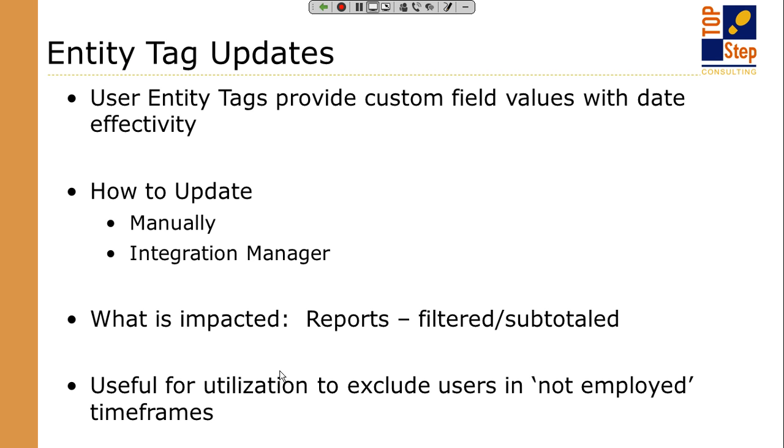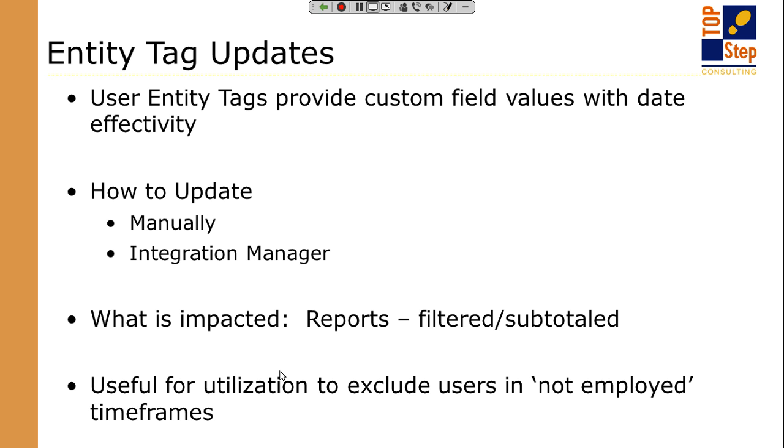So Department A up until 12/31/14, and now I'm in Department B, that's my current value. When I run historical reports, I can say, give me everything by tag group, and instead of by department, you would do it by tag group, and it would give me the appropriate information for the person in Department A previously and Department B currently.